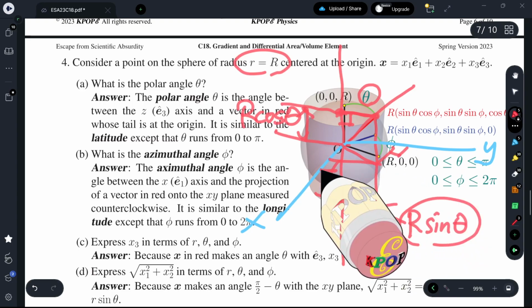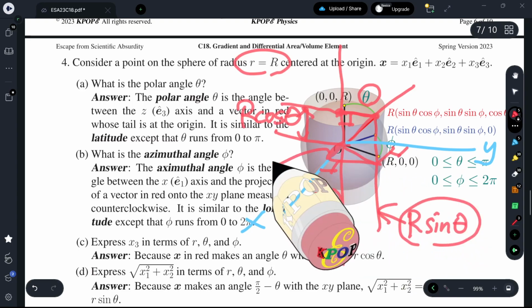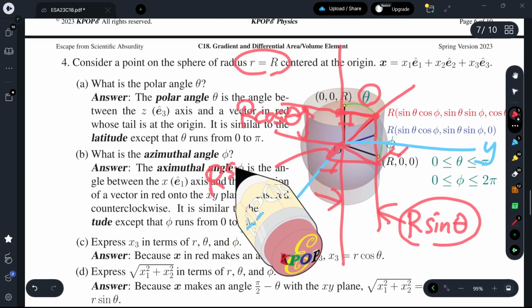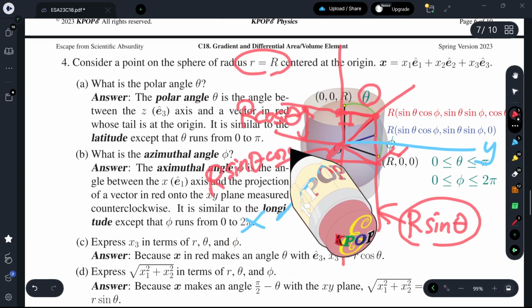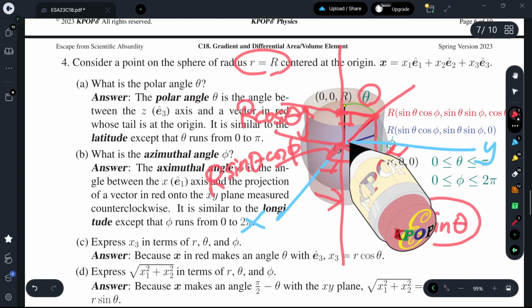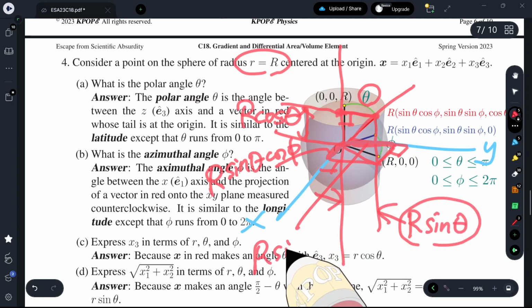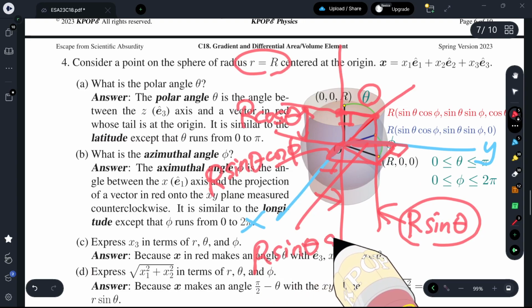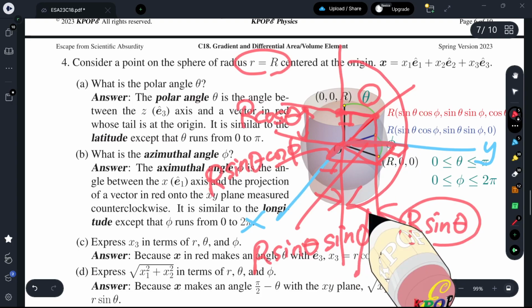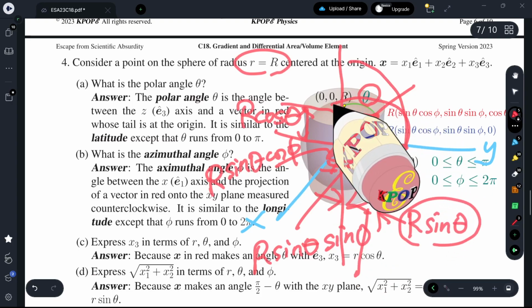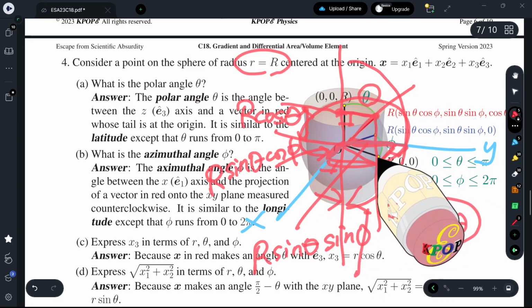The projection onto the x-axis is r sine theta cosine phi, and the projection onto the y-axis is r sine theta sine phi. We know theta runs from 0 to pi and phi runs from 0 to 2 pi.